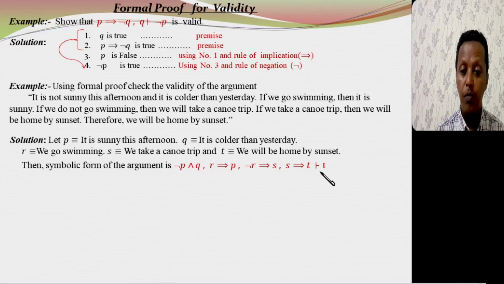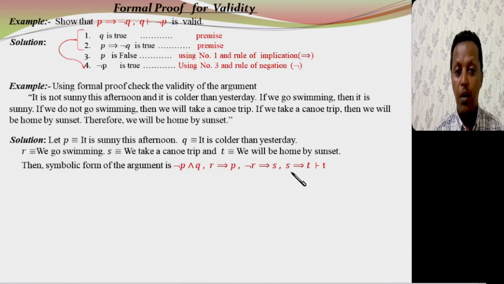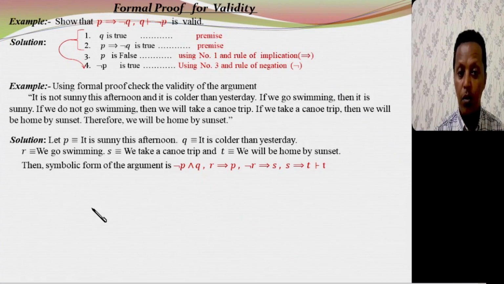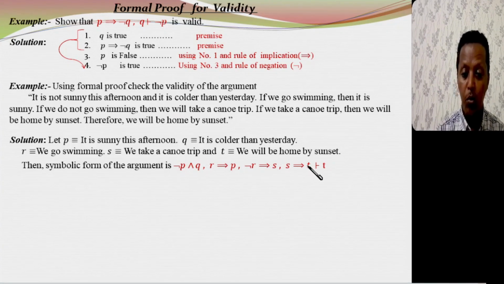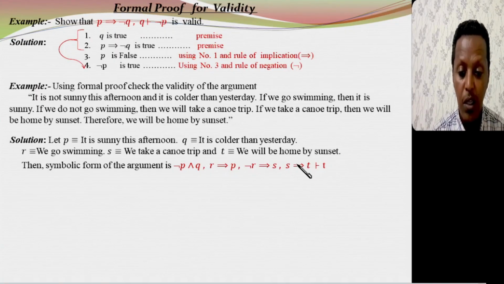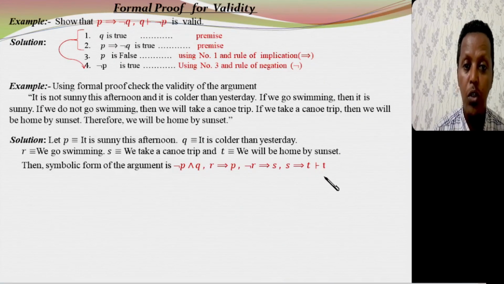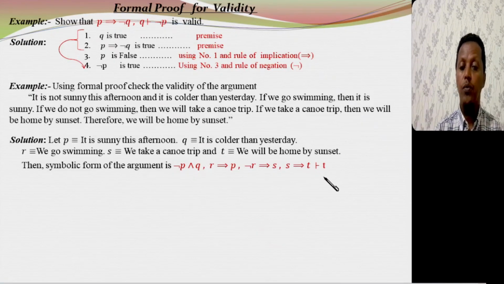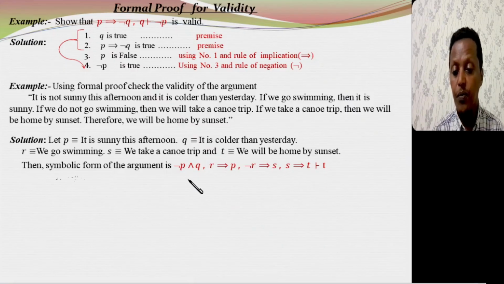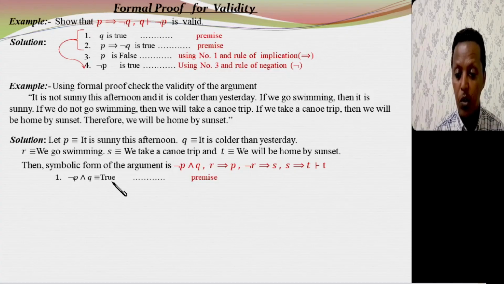So to prove this argument is valid or invalid, we start by assuming all the premises to be true. Based on that assumption, we check whether the conclusion T is always true. So let's start. The first premise, negation P and Q, let it be true.